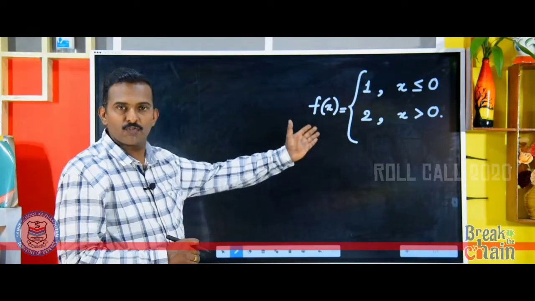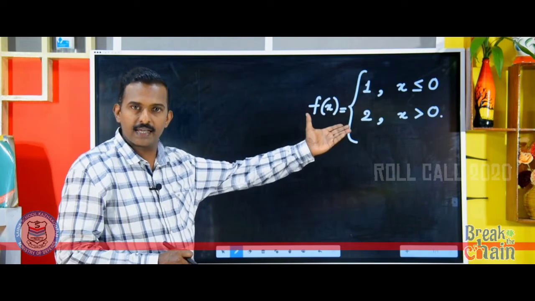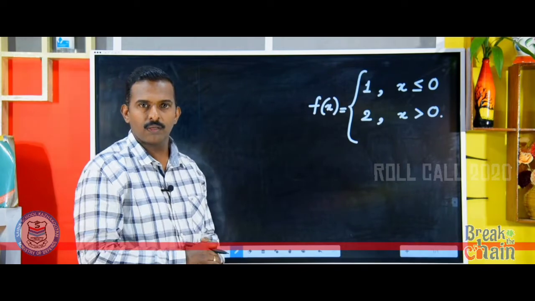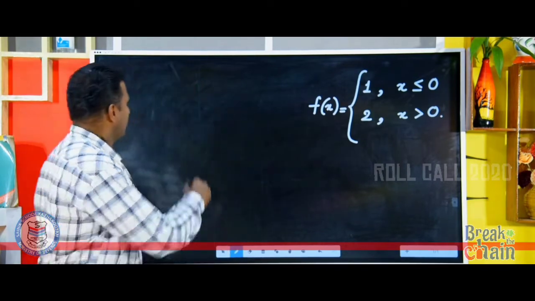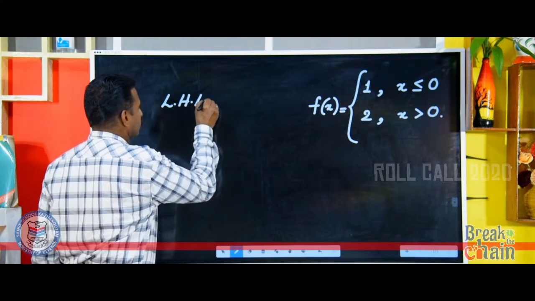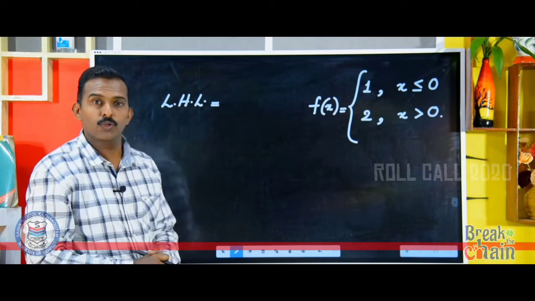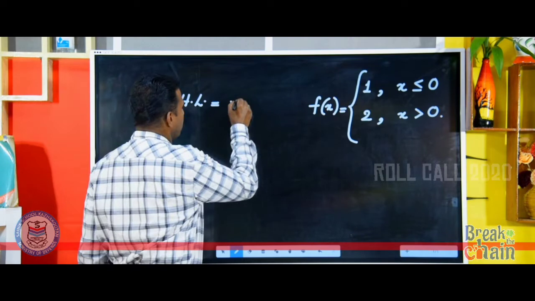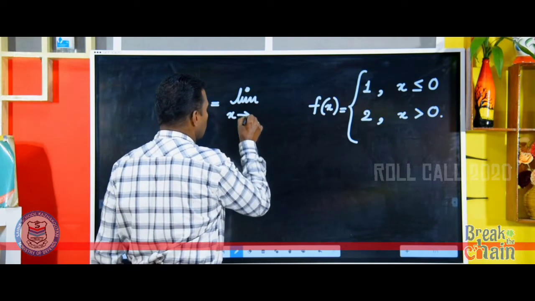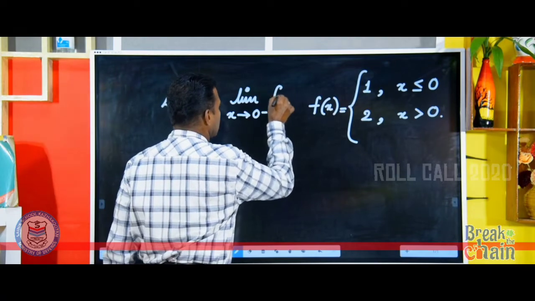The function is f of x equal to 1 for x less than or equal to 0, and f of x equal to 2 for x greater than 0. We will calculate the left hand limit, as you know, limit x tends to 0 minus f of x.